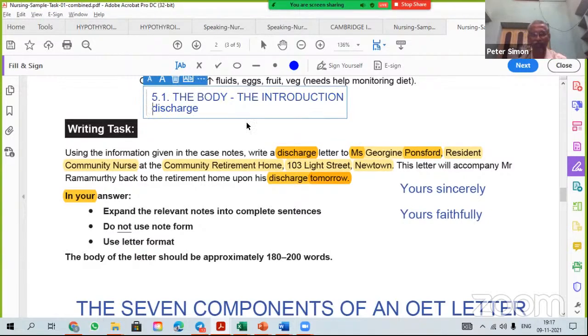Then you are going to write the discharge. This word will definitely go. Discharge. Tomorrow also will go. Discharge letter, so discharge. So tomorrow he will go. So being discharged tomorrow or will be discharged tomorrow. So tomorrow is future. So you can write "will be discharged tomorrow."